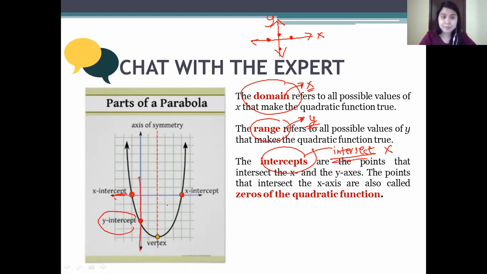Now remember, your x intercepts are also called the zeros of the function. I think it can be spelled with an s or with an es. Plus, remember, zeros are also called roots of the quadratic function.